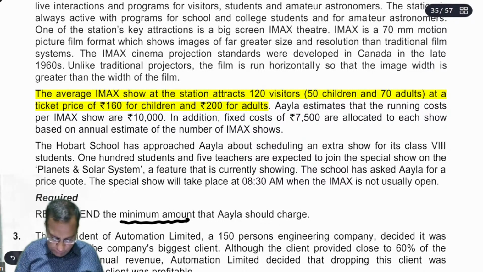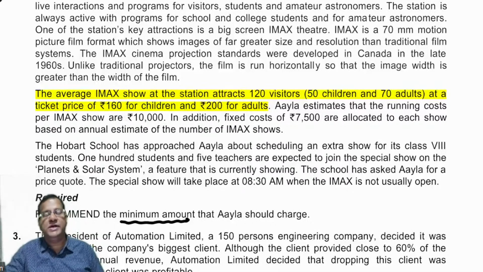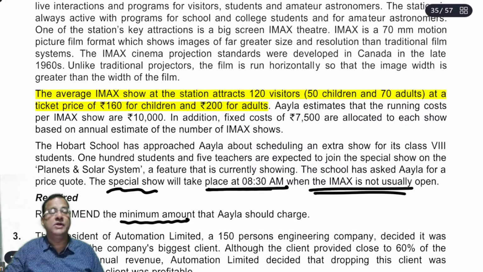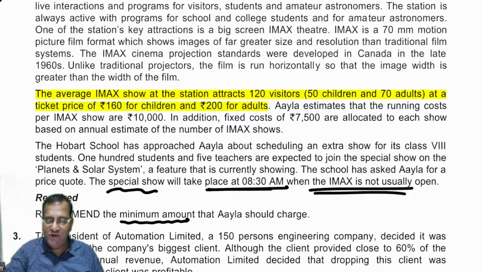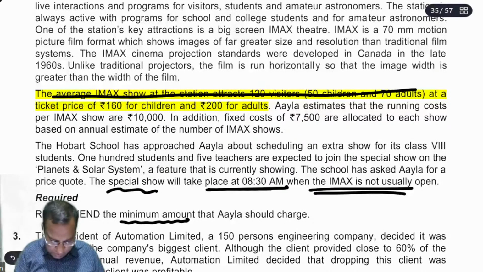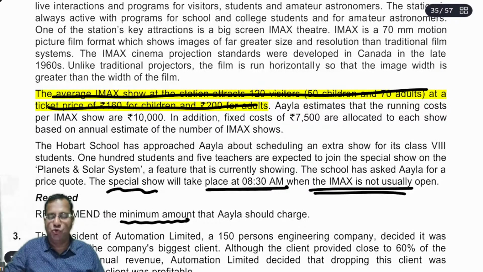So this 160 rupees for children and 200 rupees for adults are for the shows at the normal course of time. While this is the special show that will take place at 8:30 a.m., which is usually not the normal time. So we cannot charge the same price because this is a special show. So we have to charge special pricing. So this line is totally irrelevant because it is for the normal show timing.